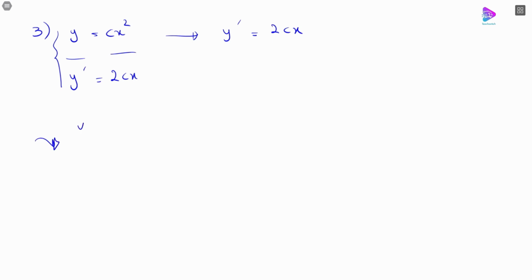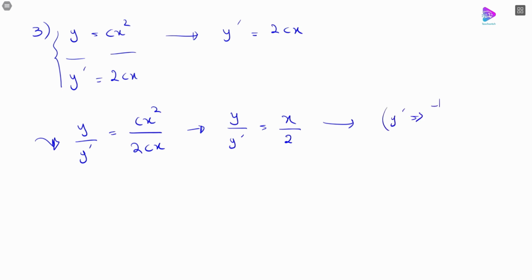So I'm going to get y over y prime is equal to c x squared over 2cx, which basically means y over y prime is equal to x over 2, and then again y prime changes to minus 1 over y prime. From here I'm going to get minus y prime is equal to x over 2, which we can rewrite in this form.